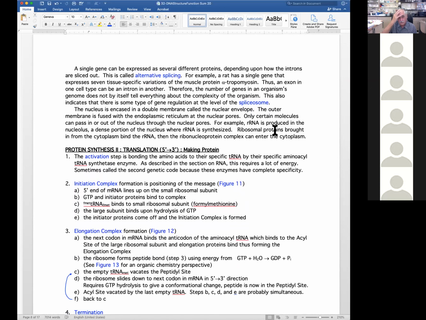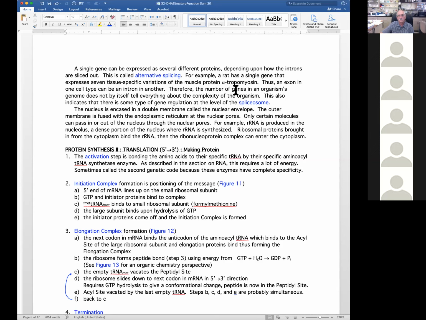So speaking of introns, here's something really interesting. A single gene can be expressed as several different proteins depending upon how the introns are spliced out. It's called alternative splicing. So we know that there's a single gene in the rat that expresses 7 tissue-specific variations of the muscle protein, tropomyosin.